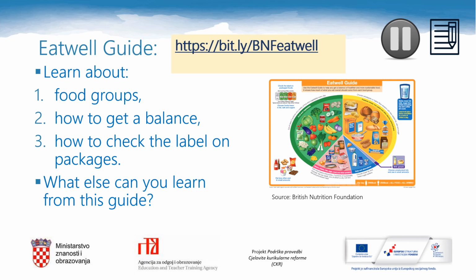Another important thing is to eat well, and you can learn a lot about it from our Eat Well guide. You can access it if you use the link that you can see at the top of the screen.